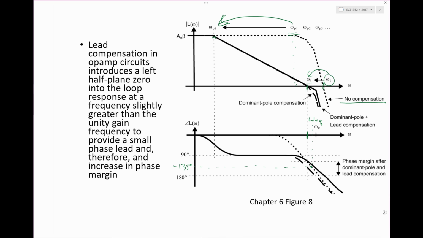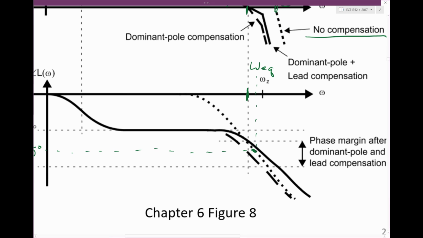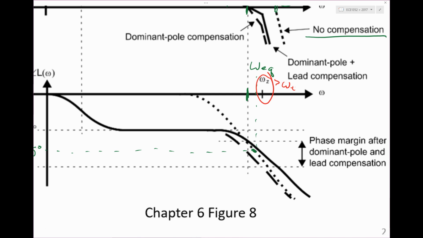Then finally, as a last step, you can perform what's called lead compensation to give you a little bit of extra phase margin. Lead compensation, I'll illustrate it here with a red pen, amounts to putting a zero at a frequency a little bit higher. The way we're going to use lead compensation is we're going to place a zero at a frequency higher than omega T, and a left half plane zero will introduce a positive phase shift.